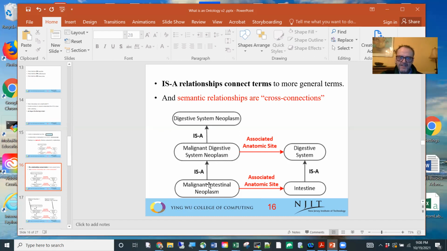Furthermore, this tells me that a malignant intestinal neoplasm happens in the intestine. So now instead of just saying "in", we're calling this associated anatomic site.